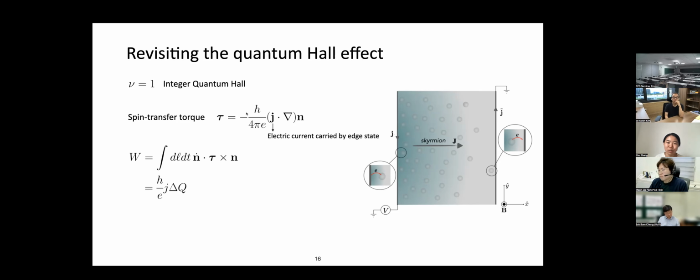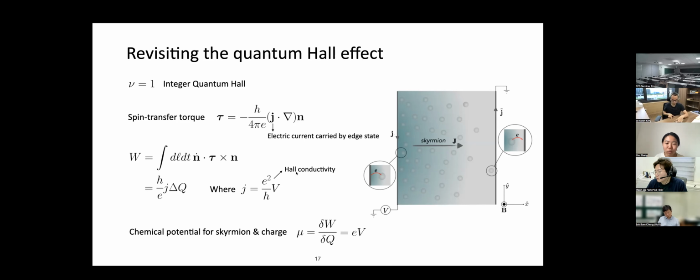So that contributes to this coefficient of the spin transfer torque as h bar over 2e. So again, it's proportional to the electric current carried by the edge state and the real space gradient of the magnetization. And now the work can be written in an exact form, which is h over e times the electric current, and again times the number of skyrmions injected into the system.